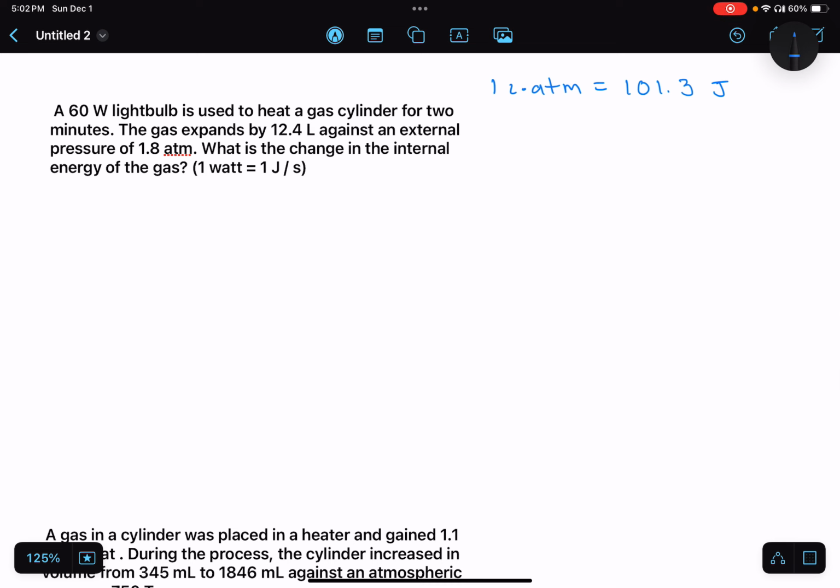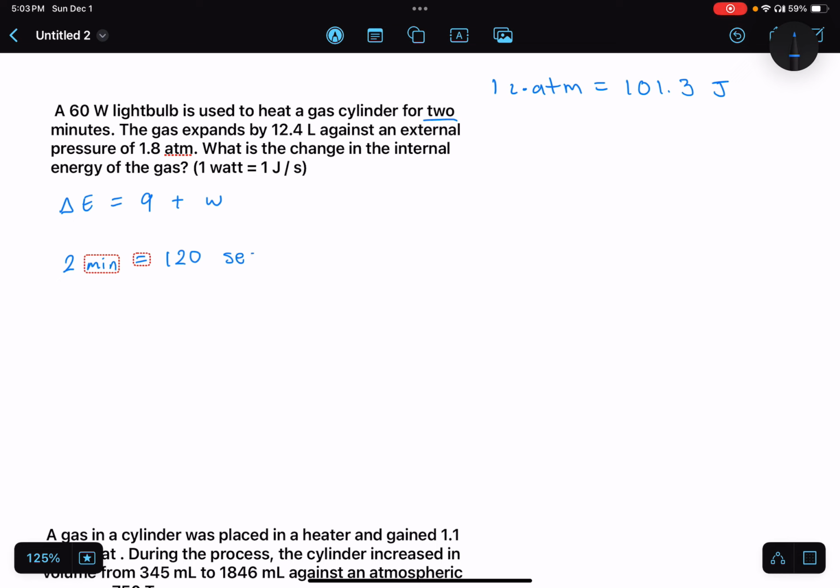First, our formula: change in energy is equal to Q plus W. Q is a little easier to find than W, so we'll start there. They tell us that 1 watt is equal to 1 joule per second. How many seconds has it been going? We got 2 minutes, and 60 seconds in 1 minute, so 60 times 2 is 120 seconds.